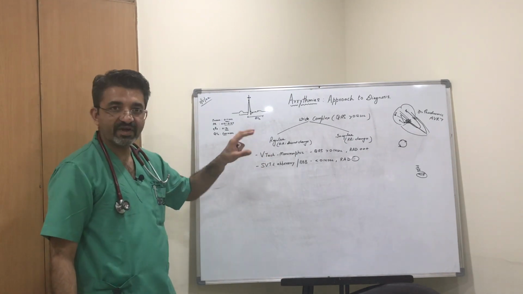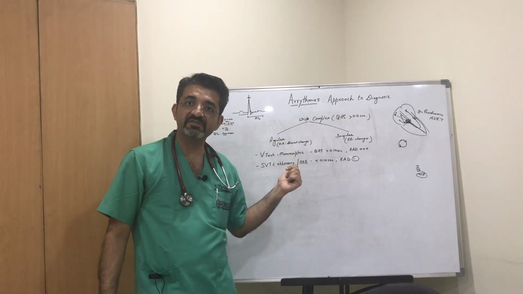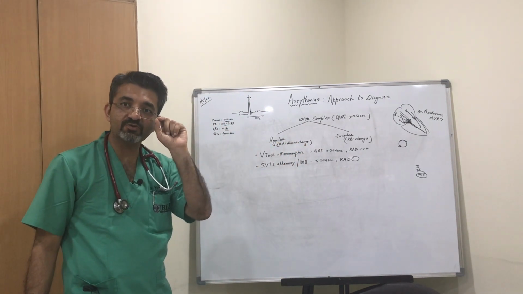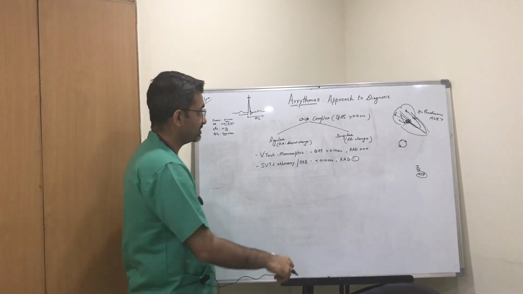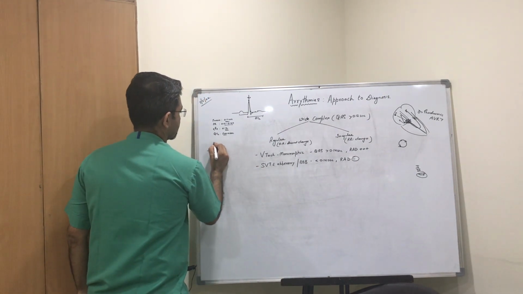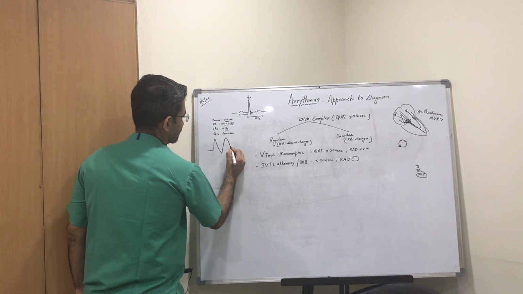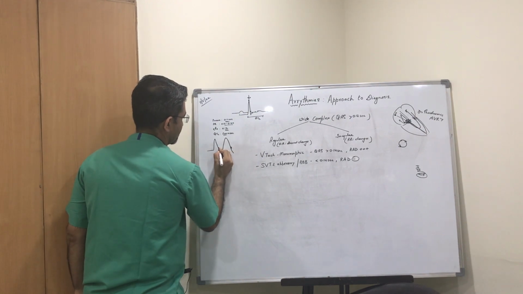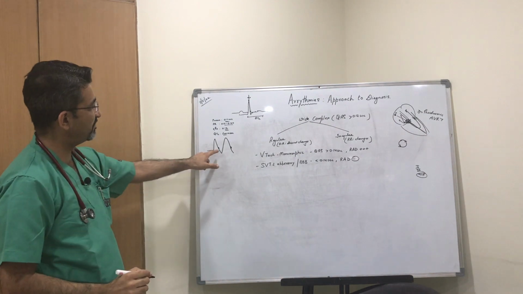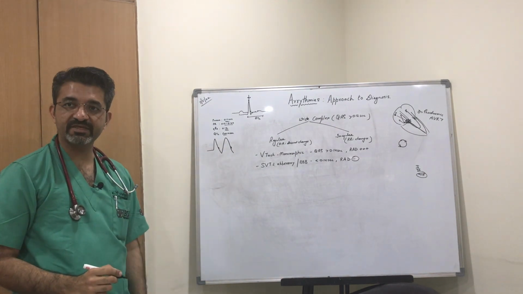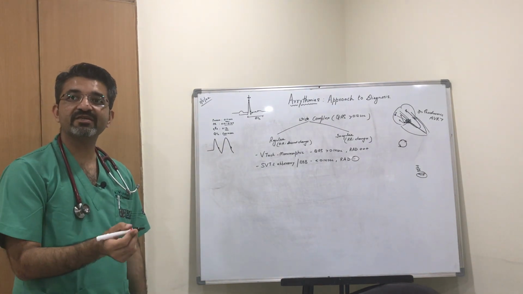You usually don't find P waves in this type of ECG, but if you are able to see a P wave in the QRS segment like this, and you see a P wave here like this, the P wave which is there in the QRS segment is known as AV dissociation.